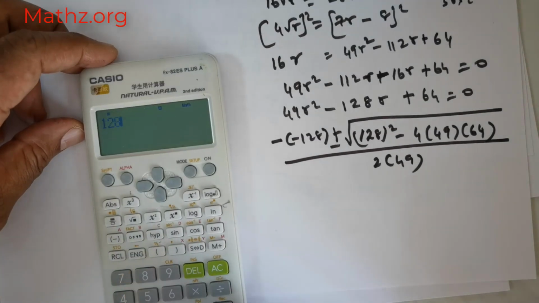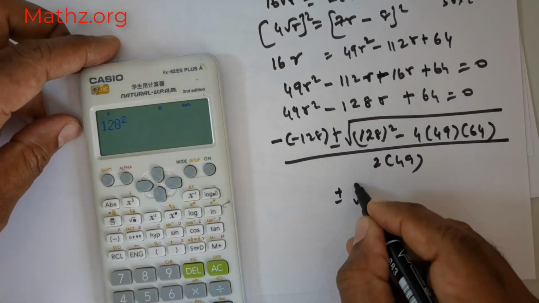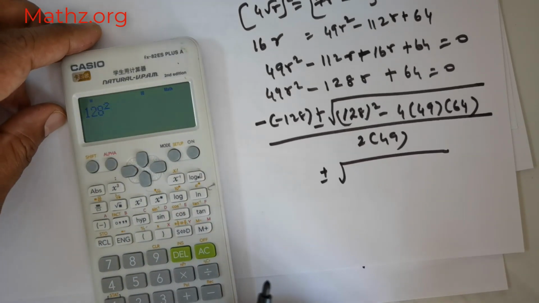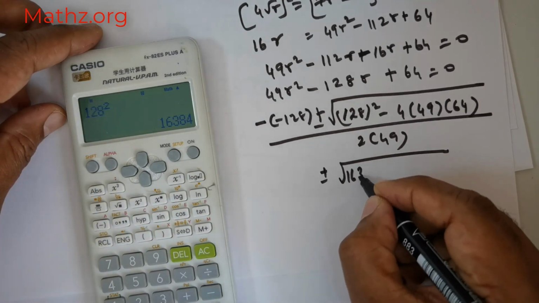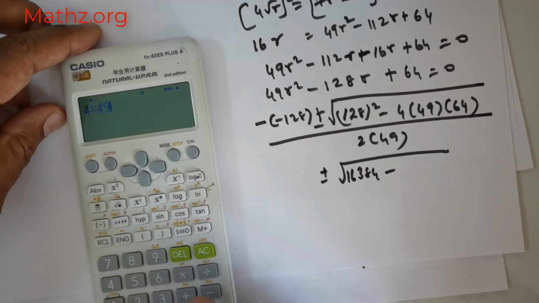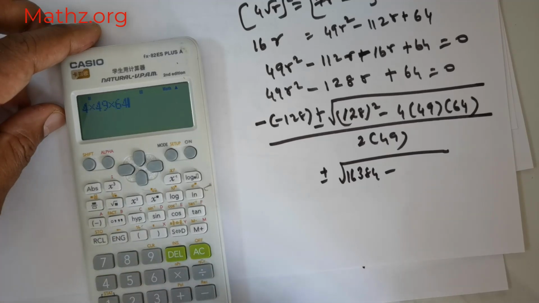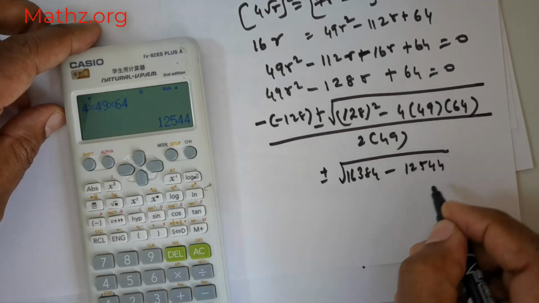I'm going to take 128 squared. That gives me 16384 minus 4 into 49 into 64. That's 12544.